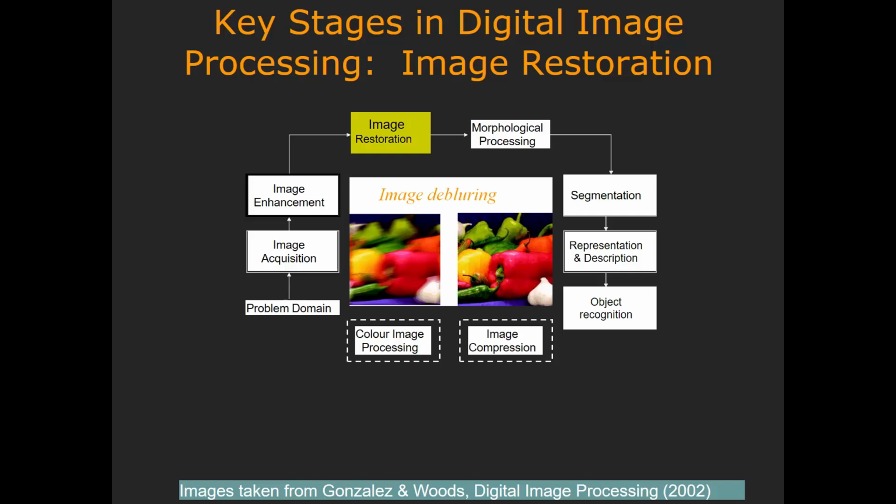So if we develop some kind of mathematical model corresponding to that movement, and multiply the inverse of that model into the input image, then we finally get a de-blurred image. This technique is known as image restoration, in which we restore the original image. Original image means the real image.